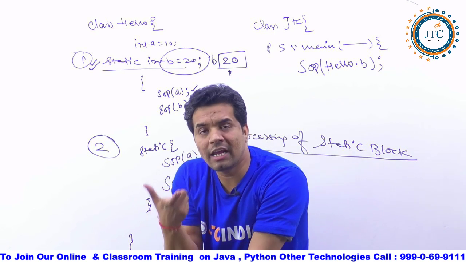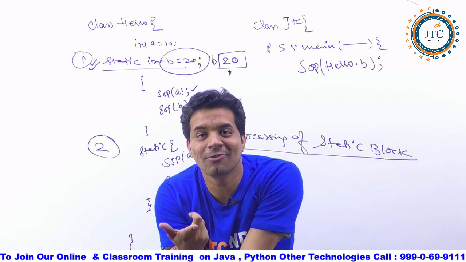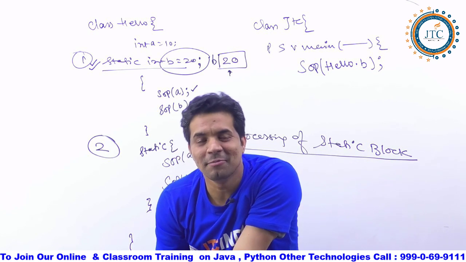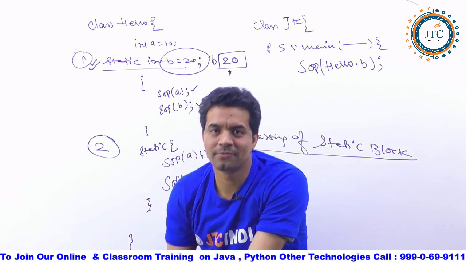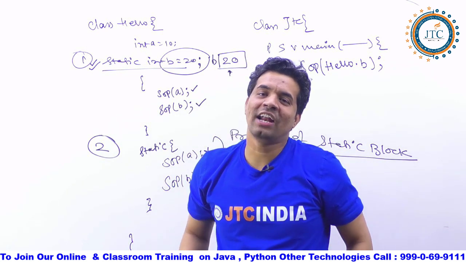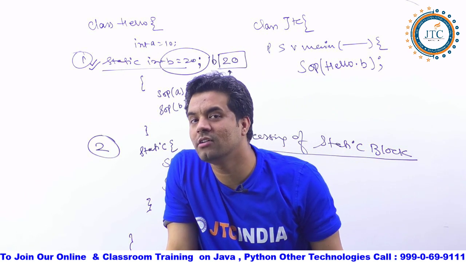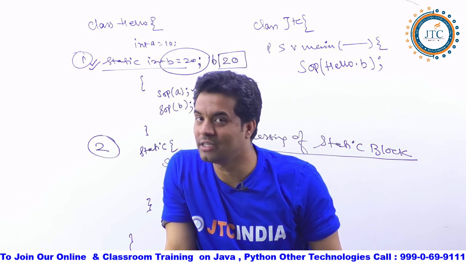If memory for A and B is allocated, then only there is some meaning of A and B. If not allocated, there is no meaning of A and B.